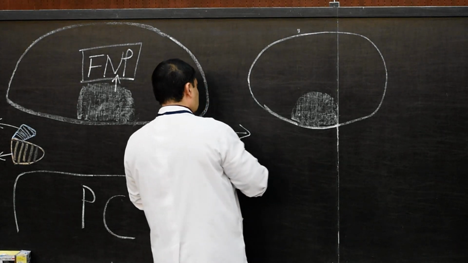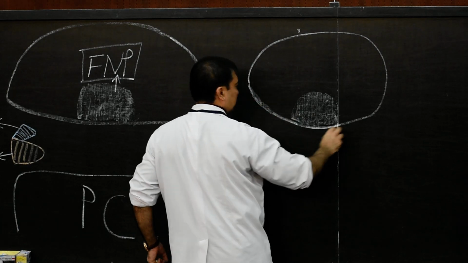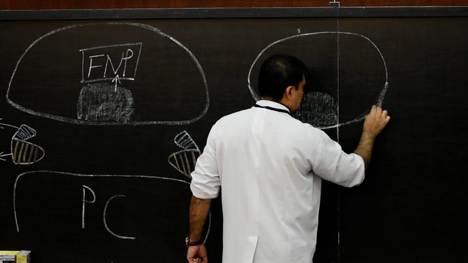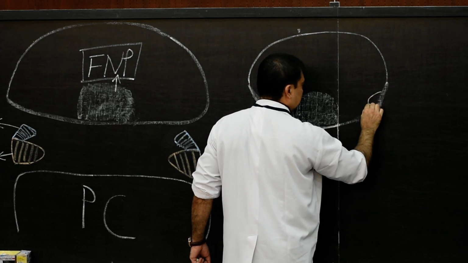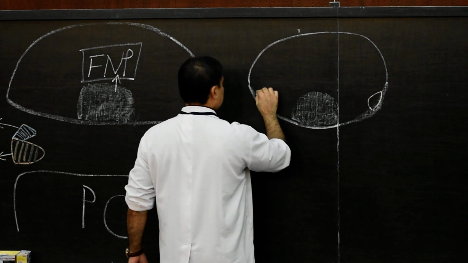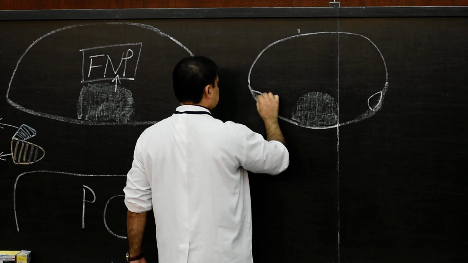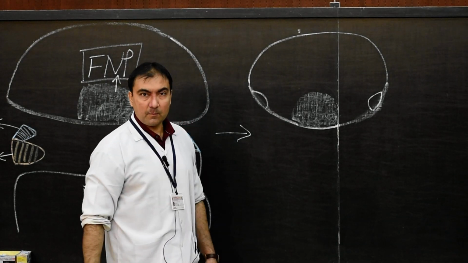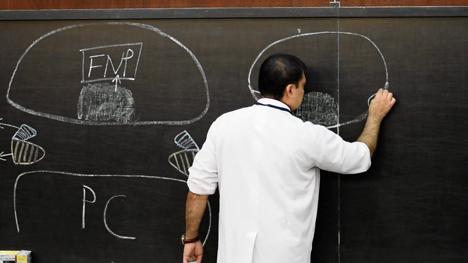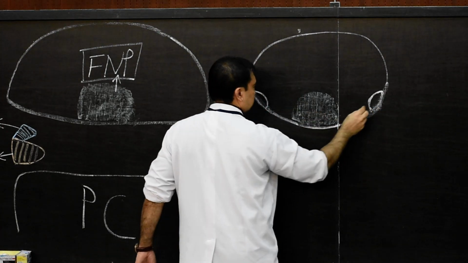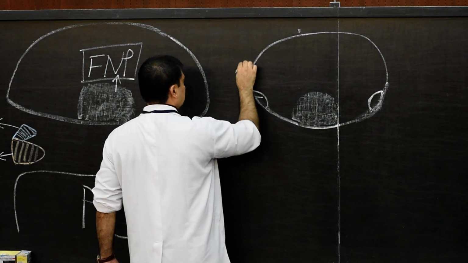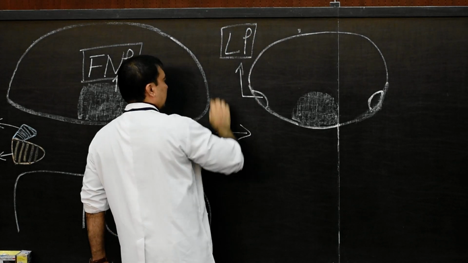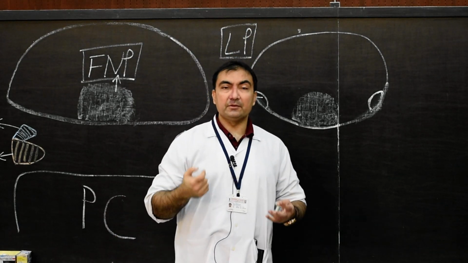Similarly, here on either side of frontonasal process, we have to show that there will be development of lens placode. That means the future eye will develop here. So we mark this structure as lens placode. Placode means thickening. So in future it will develop into the eye.